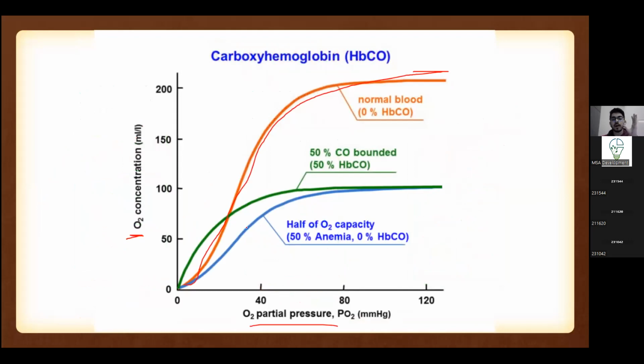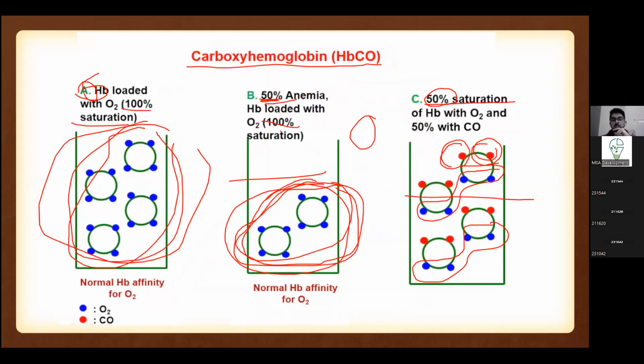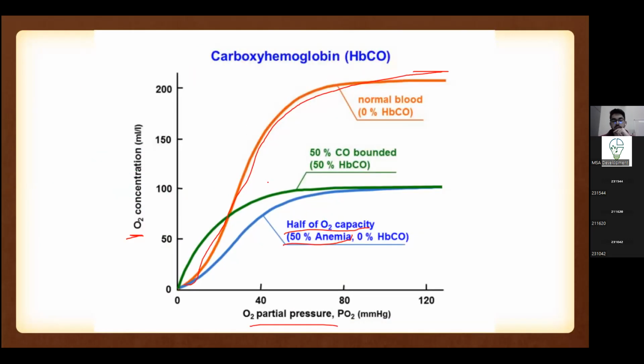The second graph, the blue graph, is the case of 50% anemia. Just like before, the saturation is 100%. Again, it is a concentration graph, and concentration in the case of 50% anemia is halved. Therefore, you're going to see that concentration has decreased from 200 in the normal case to 100 here.